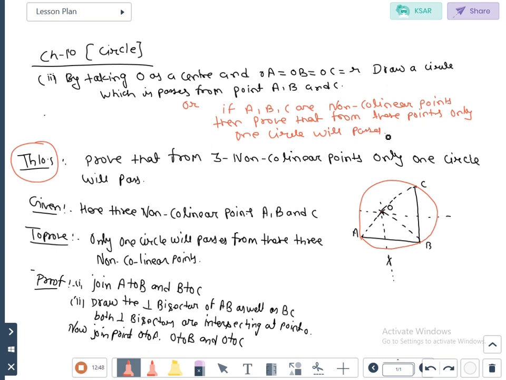So question इस फॉर्मेट में भी हो सकता है आपका, if A, B, C are 3 non-collinear points, then prove that from these 3 points only one circle will pass. Note down fast, students.